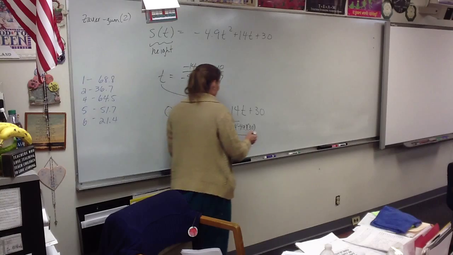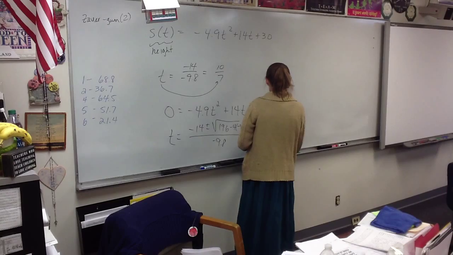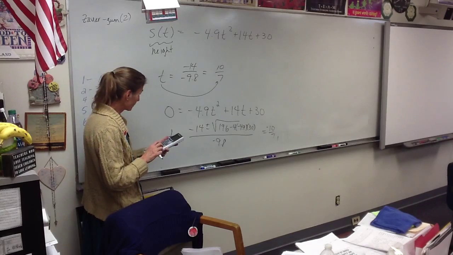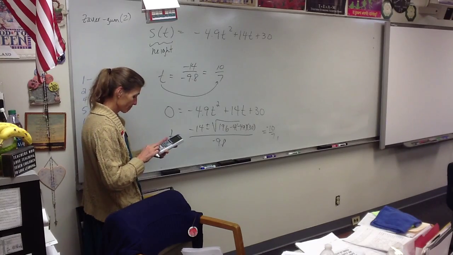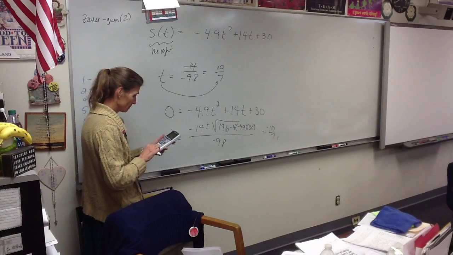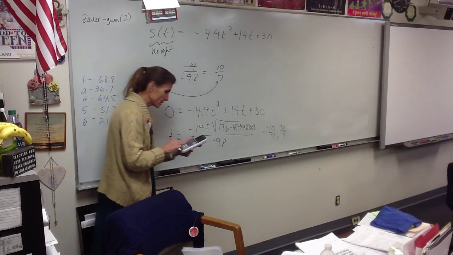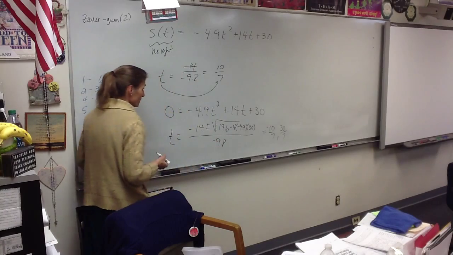Oh, I got a negative for one of them, which isn't good. So there are the two answers I got when I typed that in on my calculator through the quadratic formula.